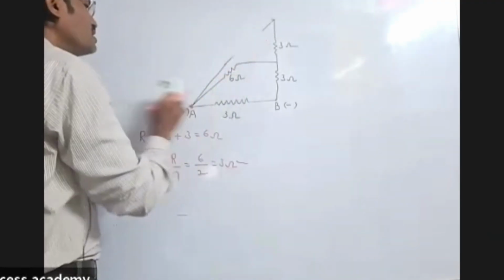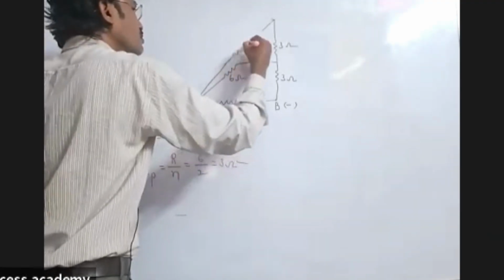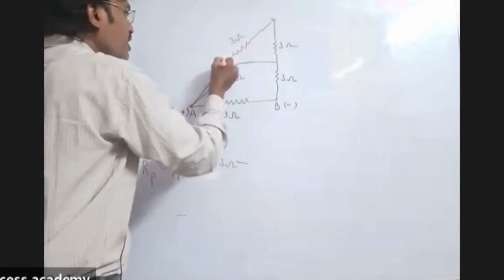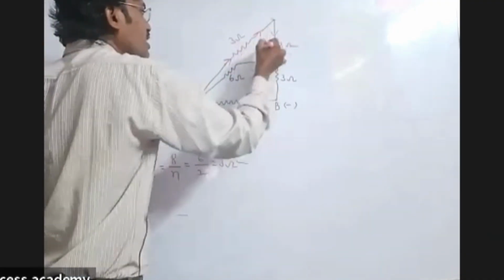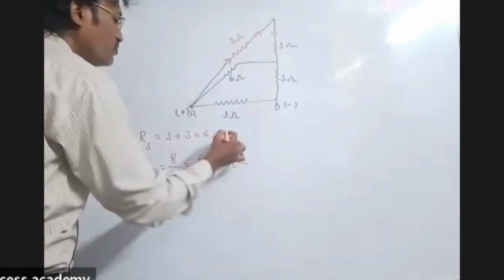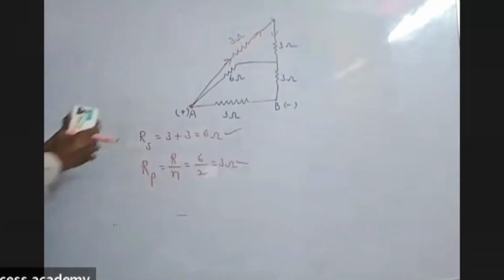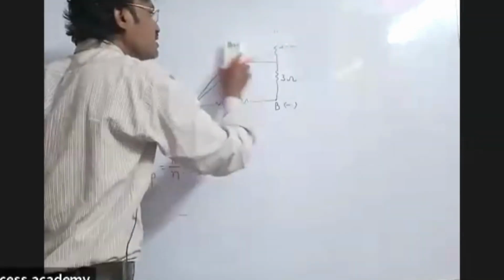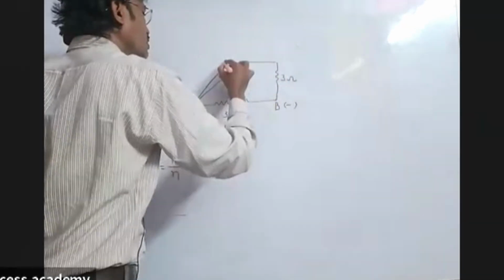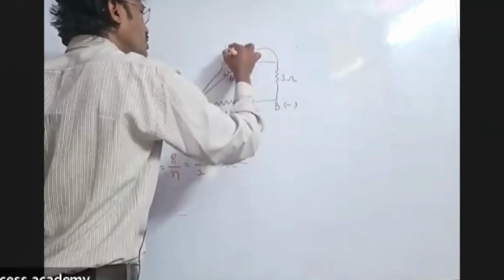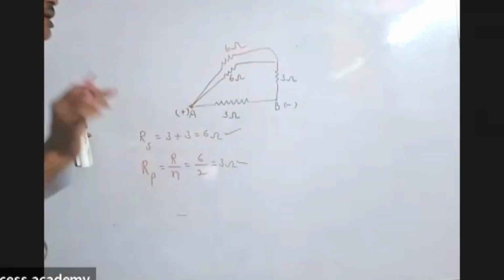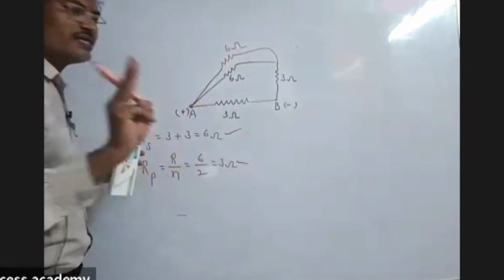Replace that with 3. And again, the current is moving in this direction, the same current is passing, so 3 and 3 are series. 3 and 3 gives 6. And these two 6 ohms are in parallel. 6, 6, you will get 3.